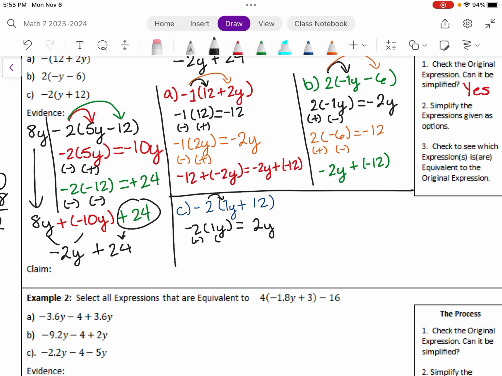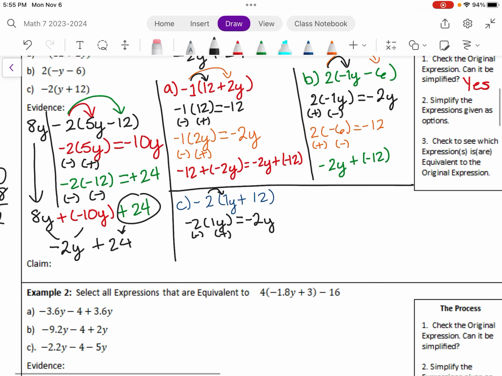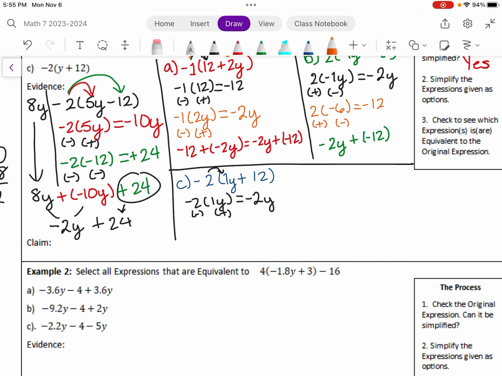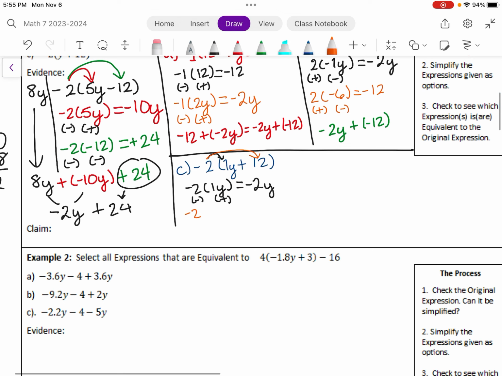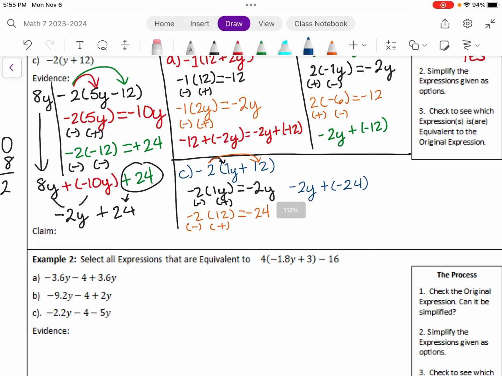And then I have a negative times a positive, which makes that a negative. Now I distribute my negative 2 to my positive 12. 2 times 12 is 24. I have a negative and a positive, which makes that a negative. So this is actually negative 2y plus negative 24.